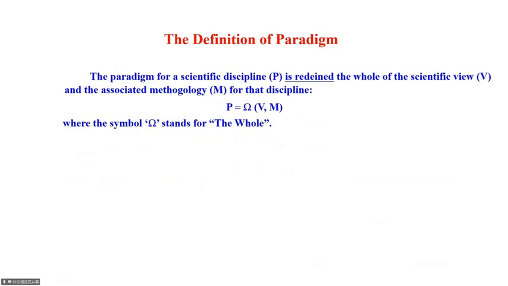First of all, we should have a very clear description of the definition of a paradigm. As you can see, the definition is expressed by an equation, which is P equals Omega, brackets V, M. P is the paradigm, V is the scientific view of the discipline, and M stands for methodology.